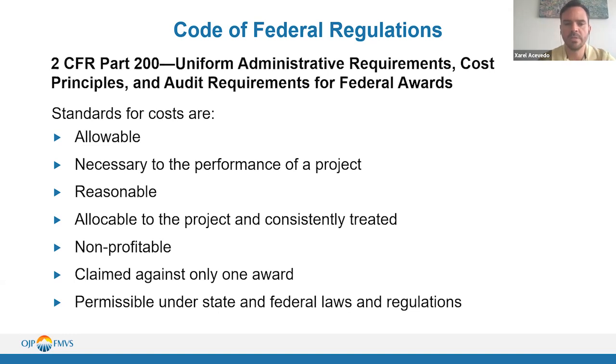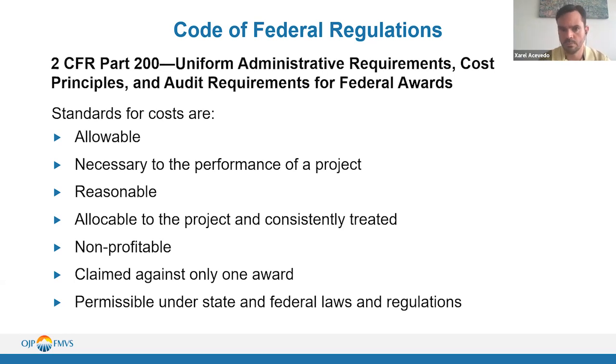Sometimes it's a little bit difficult to assess whether a cost is allowable or not because there are so many different types of programs, right? And there could be times when a cost is allowable under one program, but not necessarily under another.